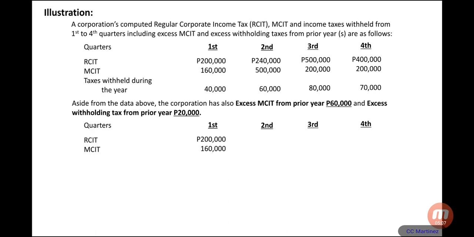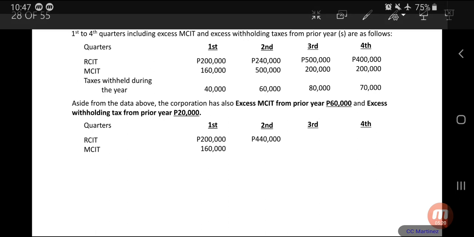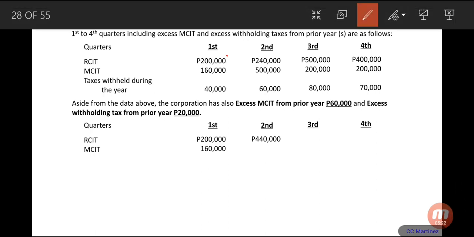For the second quarter, magkano ang cumulative amount ng RCEIT natin? Answer is 440,000. Saan ang galing? So, yung 200,000 plus the 240,000, makaka-arrive tayo sa 440,000. Okay?